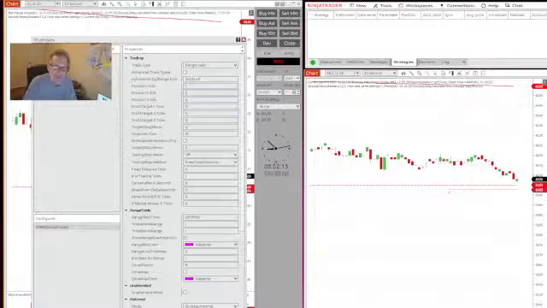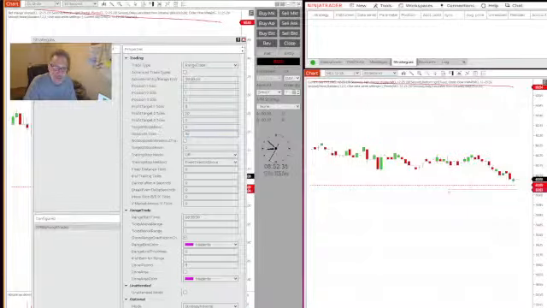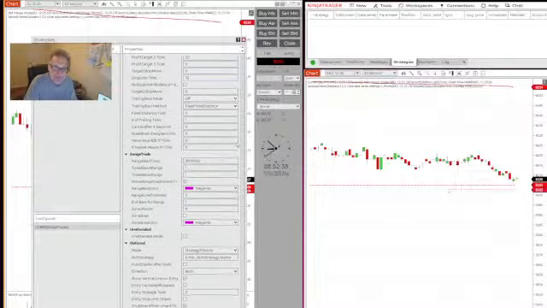I'm trading two positions, one contract on each. My first target, target 1, is 8 little ticks. Target 2 is 20 ticks. Our stop is 15 ticks.